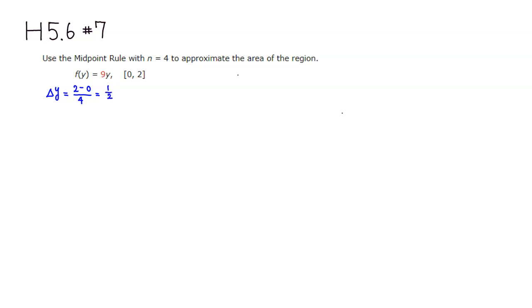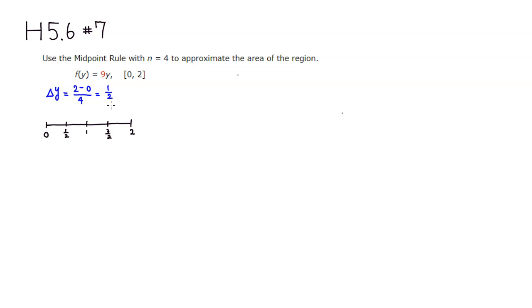The interval is going from 0 to 2, and we're going to split it into 4, so that's going to be 1 there, 1/2 there, and 3/2 there.